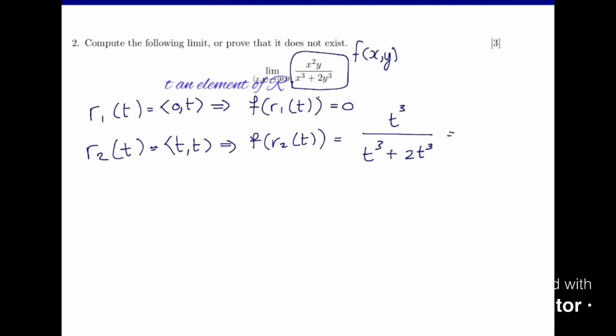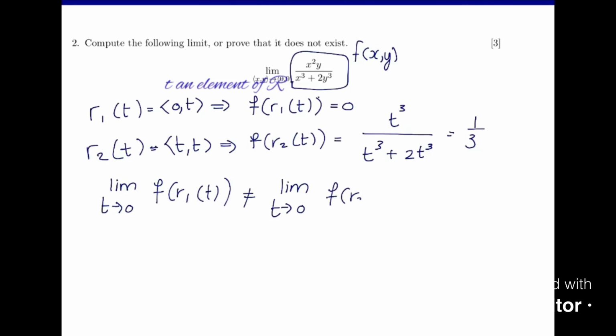And this is equal to a third. And these are just constants. So we can already say that the limit as t approaches 0 of f of r1 of t is not equal to the limit as t approaches 0 of f of r2 of t.